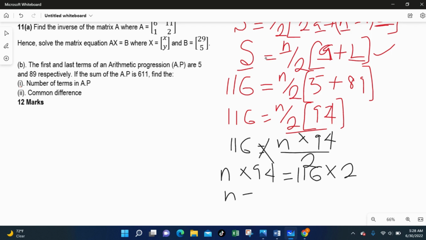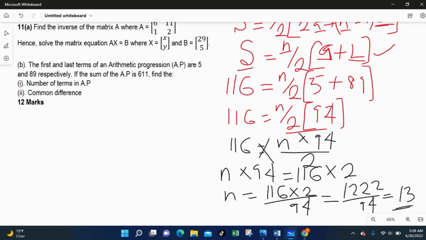So that means our n will be equal to 611 times 2 divided by 94. 611 times 2 gives us 1222, and 1222 divided by 94 will give us 13. So we see we've gotten the number of terms. The number of terms is 13.